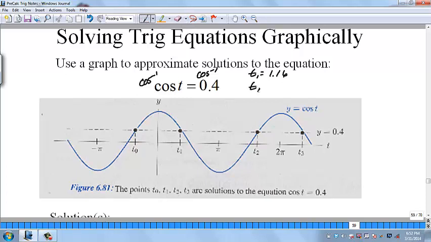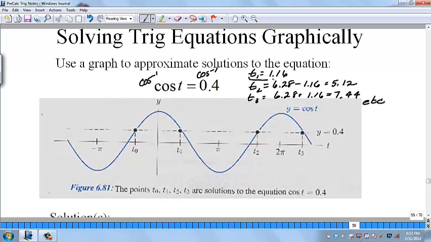The second time this happens is going to happen here at T2, which is 6.28 minus 1.16, or it happens again at 5.12. And at T3, it's going to be 6.28 plus 1.16, or 7.44, and it can keep going, etc., etc.